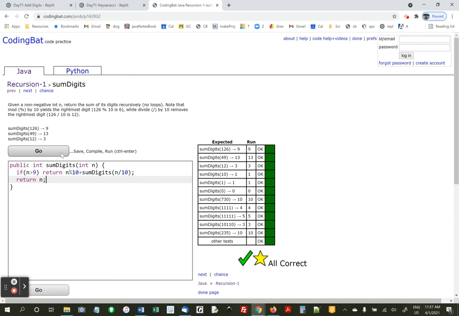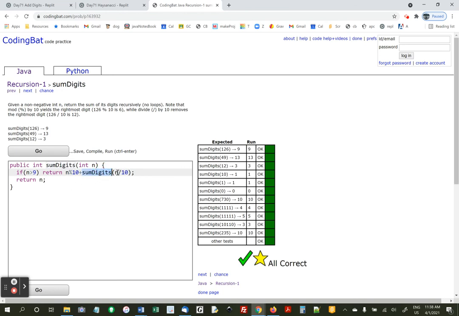Yeah, sweet. So let's talk about what I just did. If it's bigger than 9, that means it's a 2-digit number. So then we're going to return the rightmost digit. Remember this example up here, 126 mod 10 gives you a 6. And then we're going to call plus, we call recursively, call the function again, or the method again.